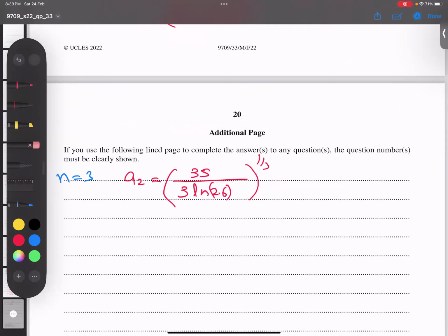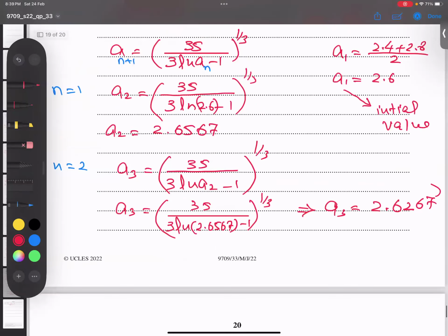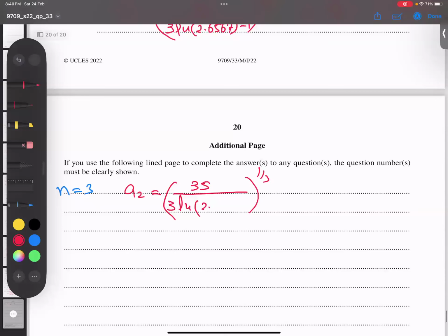Hold on, this is too lengthy a value. I write 3 logarithm. So whatever number comes this time will come in that bracket in the place here, 2.6267 minus 1. And let me type in the calculator. 6267.